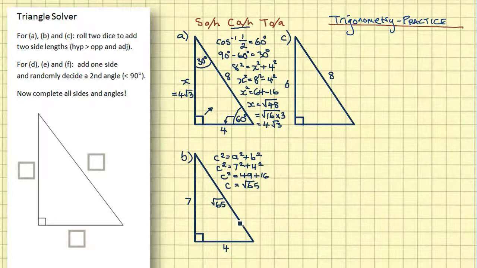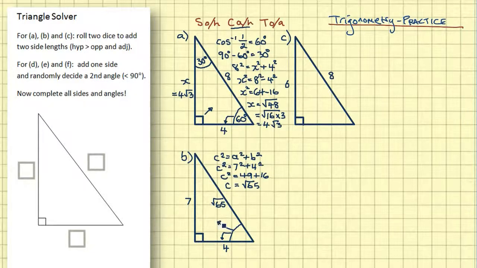What about my missing angles? Well, let's go for this one first. Okay, so I'm going to use the easier numbers here because root 65 is obviously a little bit complex. So let's look for my adjacent. So there's my adjacent there. And there's my opposite.